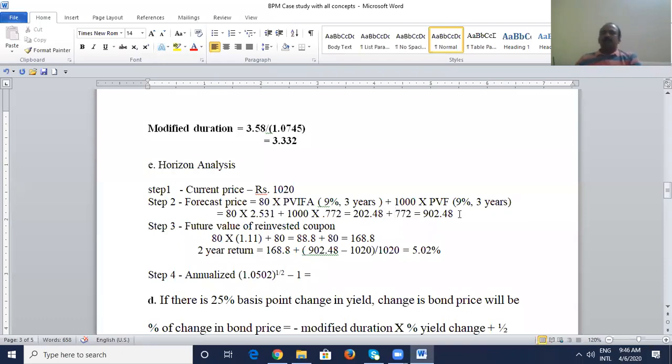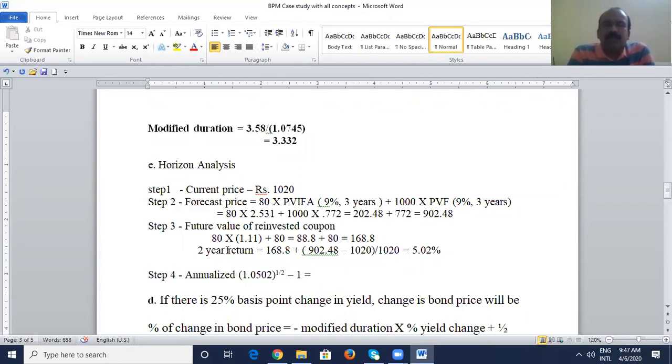Because the investor is going to invest at 9% yield, the price will fall. Earlier, the yield was 7.45%. Now he's going to invest in 9% yield bonds, so the price will fall. And he is taking this decision after two years. So the 2 years of interest that he is receiving is going to be reinvested at 11%.